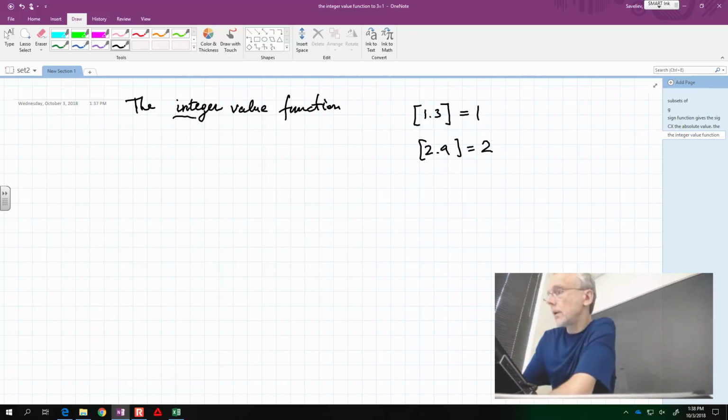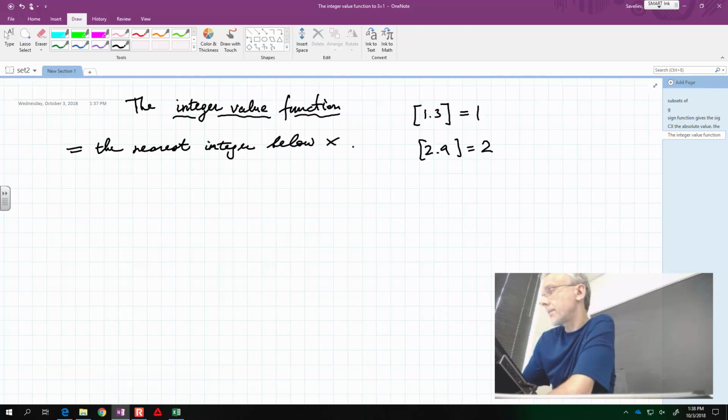The nearest integer below x. That's the definition, a verbal definition. To do actual computation, you have to sort it out and put it in a more precise form, as we have been doing.